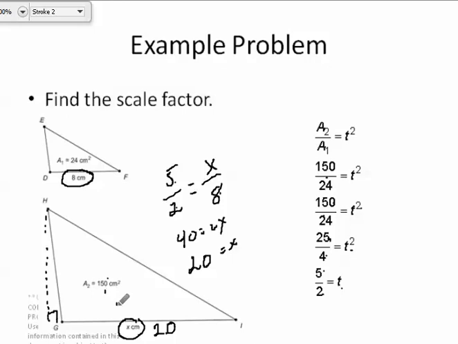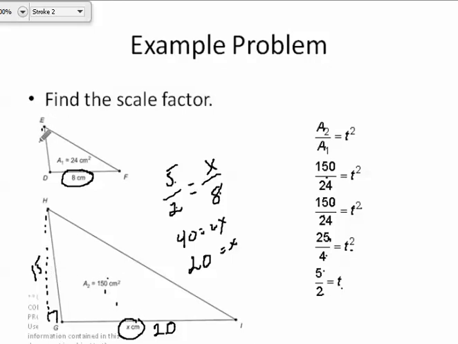But we know that our area has that 1/2 in it. So it'd be 7.5 times 2, and it's going to be 15. Our height there would be 15. Okay, 15 times 20 is 300, divided by 2 is 150.